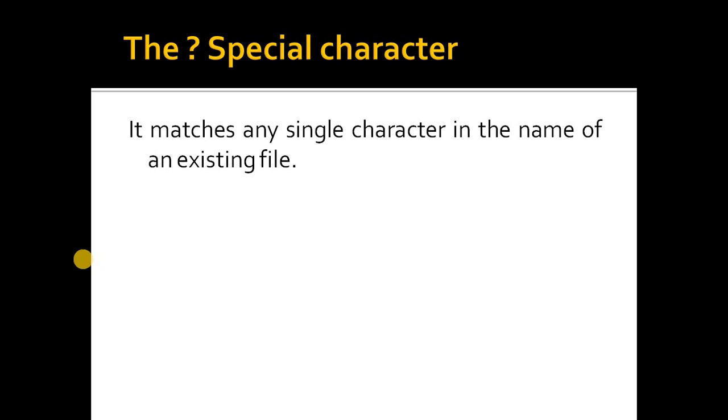So we shall see the first meta character, which is the question mark. It is a special character that causes the shell to generate file names. It matches any single character in the name of an existing file. So you can see an example over here. We have given ls memo?. This question mark can be substituted by any one single character.